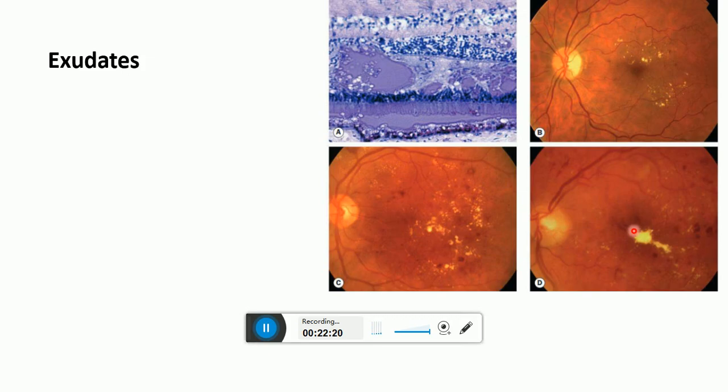Here you can see exudates involving the fovea, including central crystalline cholesterol deposition. These are the cholesterol deposits, and here are more extensive exudates forming a circinate pattern. This is a circinate pattern, and these are small exudates and microaneurysms.